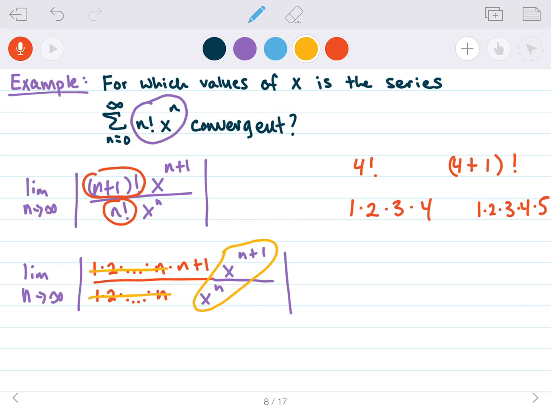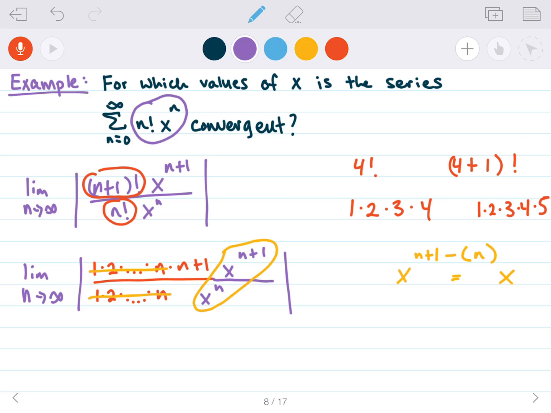Well, I can just use the property of exponents that says when I divide exponential expressions with the same base, I keep the base and subtract the top exponent minus the bottom exponent. This is a property of exponents that you should be familiar with. So when I do that, n minus n, I just get 1 in the exponent. So this whole thing that I circled just becomes x to the first, right?